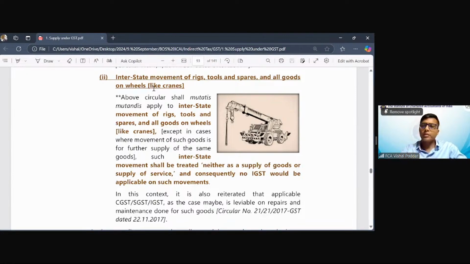I have my main office in MP Bhopal, but I have got a works contract in a nearby state of UP or Delhi or Gujarat. So obviously for carrying out that work, I am sending my crane over there, I'm sending my road roller over there, and it goes like any vehicle goes. It may take some time because it travels slowly, but it goes there and it performs.